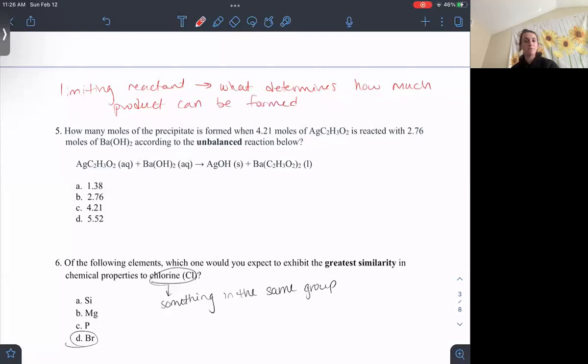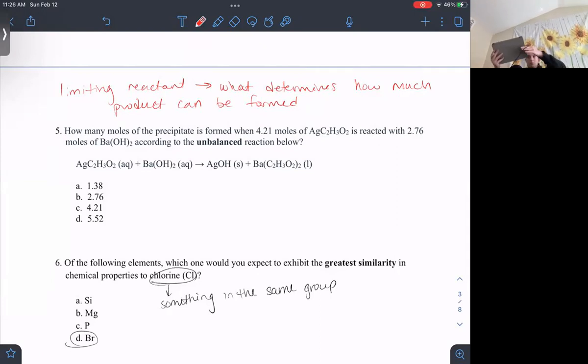It's something that you have the least amount of. And so that's going to indicate how much of a product that you can produce, because whatever is the least amount of reactant is going to dictate how much product you can form. This is like our first actual limiting reactant question.